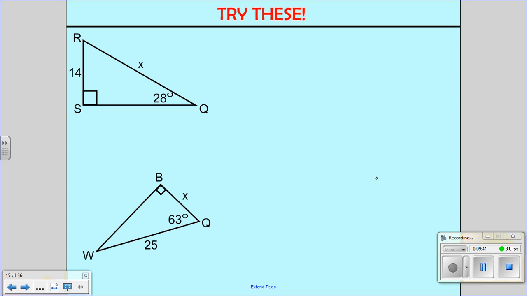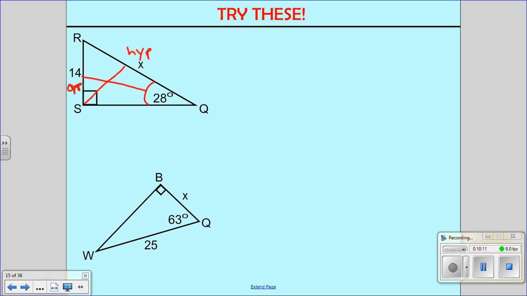Now, I will help you set up the first one, but then you can work on the second one. So on the first one, our reference angle is right here at 28 degrees. When I look at that reference angle, I'm provided with the side across from it. So I'm provided with the opposite. I'm also provided with the side across from 90, which is the hypotenuse.